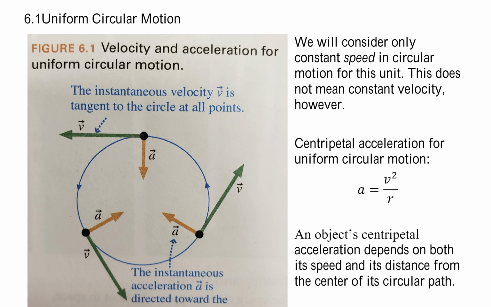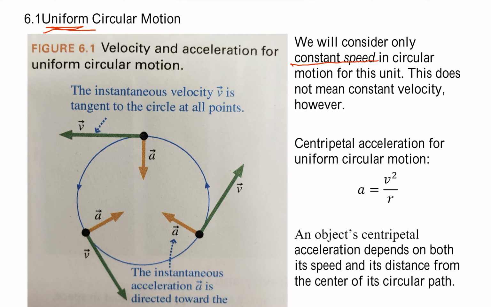Now, we've seen the word uniform before. Uniform means constant something. So constant speed is what we're talking about here. So constant speed around the circle. We can't say constant velocity because the velocity is definitely changing. Remember, velocity is speed, so magnitude, and direction.